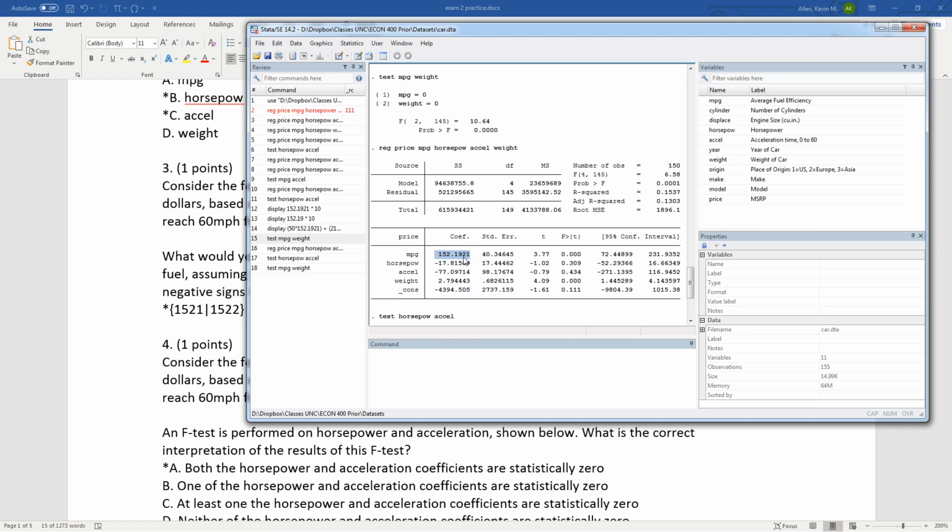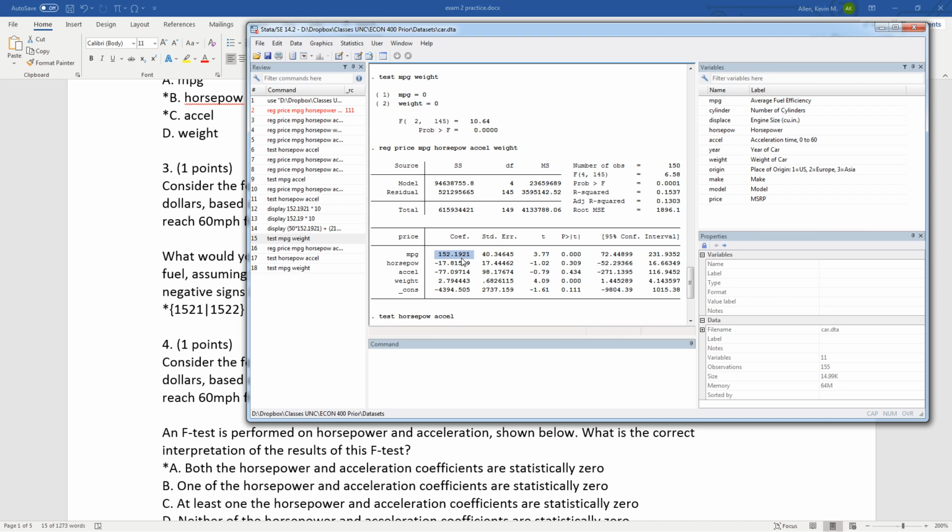And the way you would quantify that is, you take this coefficient, this is what the price is expected to change for every mile per gallon that car gets, how fuel efficiency increases by 1 mile per gallon. So to find out what happens if it is 10 miles per gallon better, you just multiply this coefficient by 10.